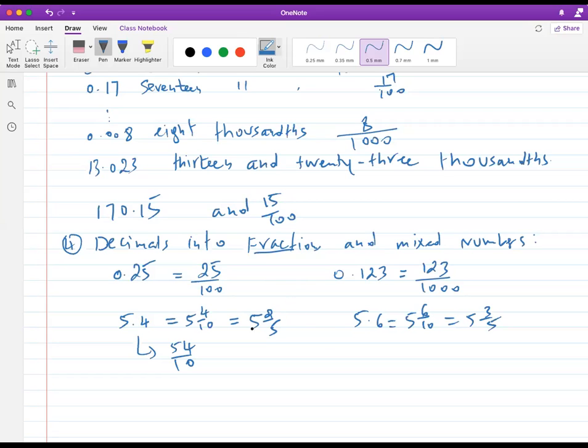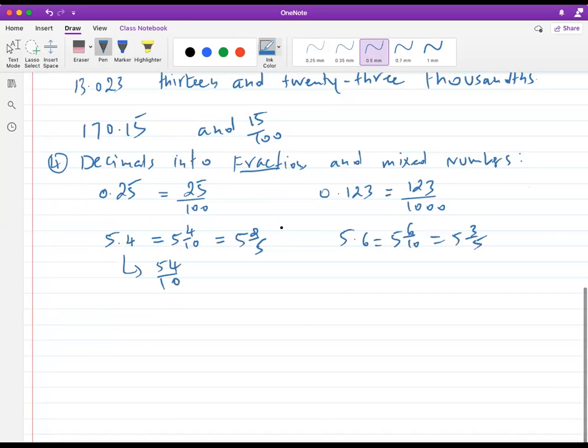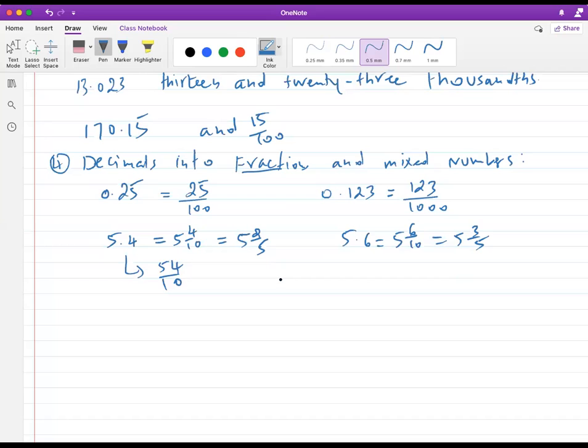So basically, decimals are just another form, like I said, another form of writing fractions or mixed numbers. When we need precision, we need digits, we turn them into decimals. So there's always one whole part. Excuse me. How do you get 5 and 3/5?